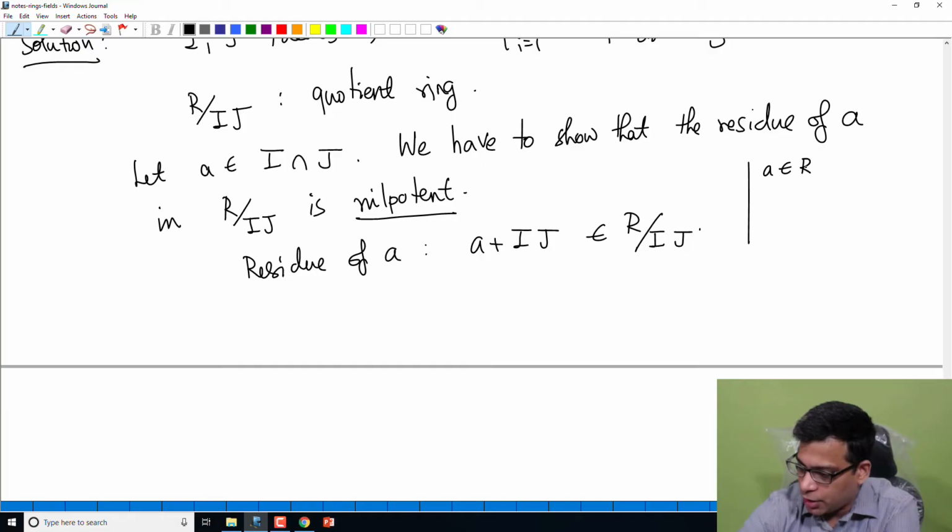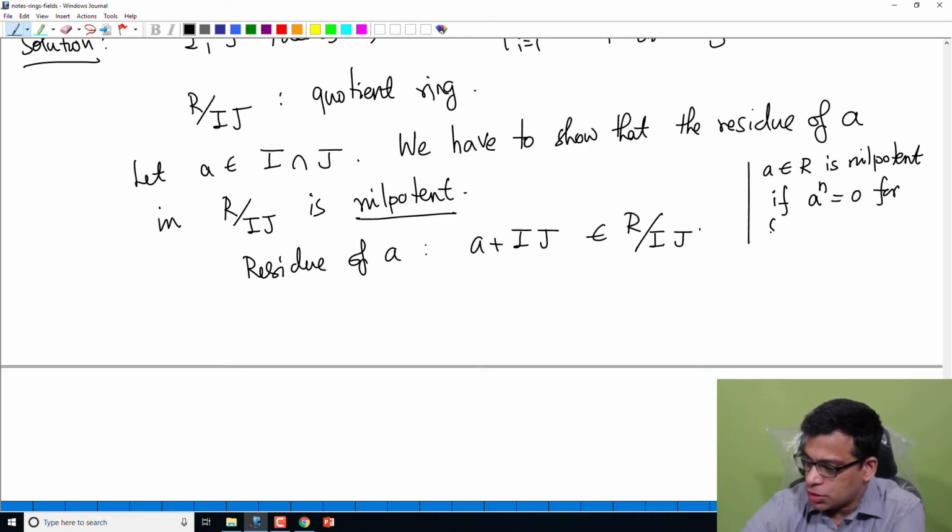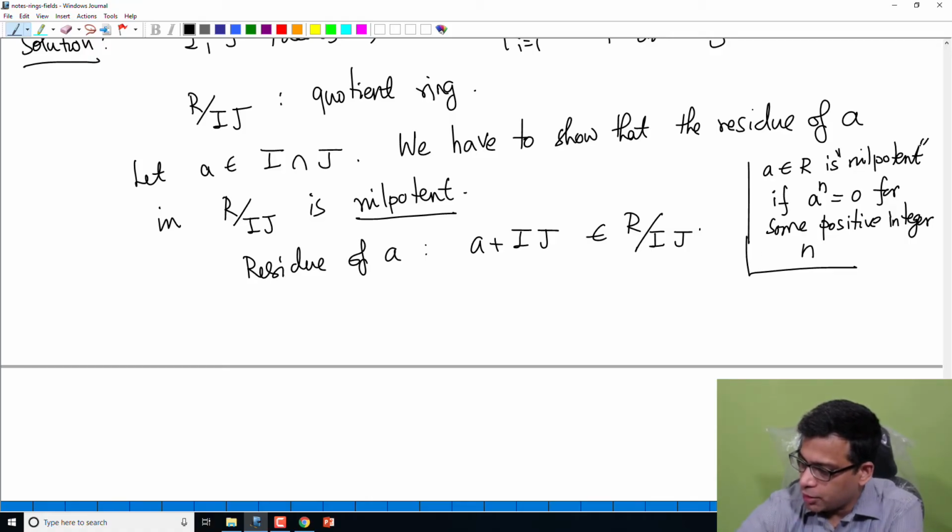An element of a ring is called nilpotent if A to the power n is 0 for some positive integer n. A is called nilpotent if some power of A, when you multiply A with itself a certain number of times, you get 0.